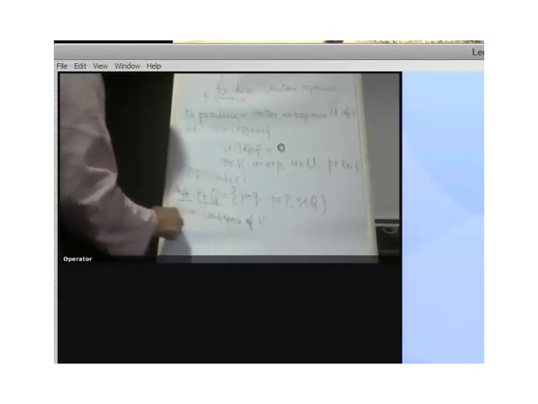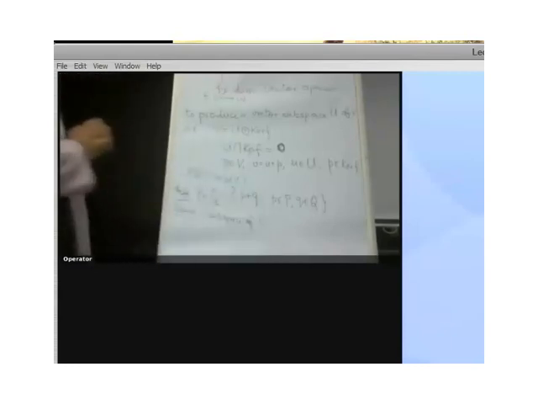You have already shown that P plus Q is a subspace of V.